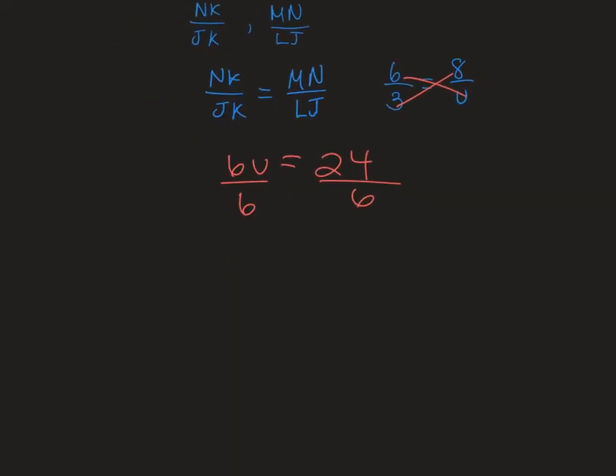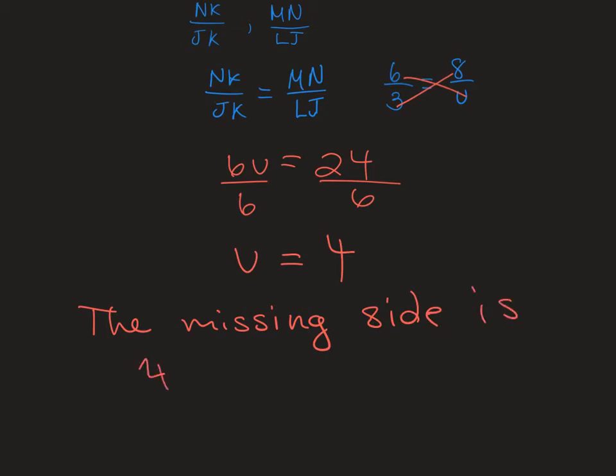So u equals 4, because 6 times 4 equals 24. So the missing side is 4 meters long.